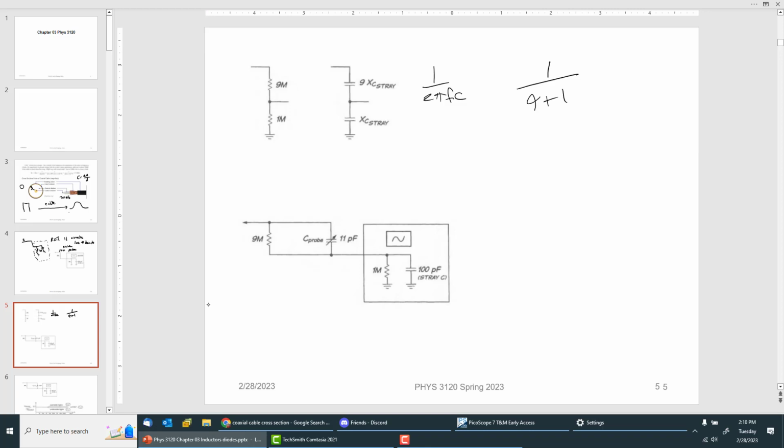I have 9 and 1, but here I have 11 and 100, and that has to do with the 1 over 2 pi f. So we still have X_C plus 9 times X_C, and it still equals 1/10, but the values are the inverse. So the smaller capacitor is here, with the lower capacitance.